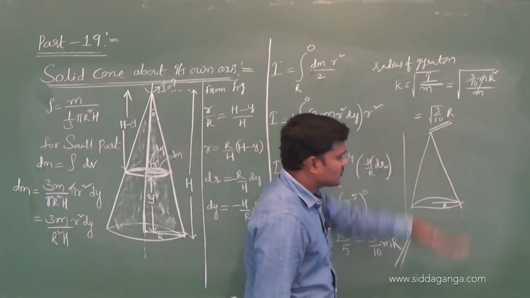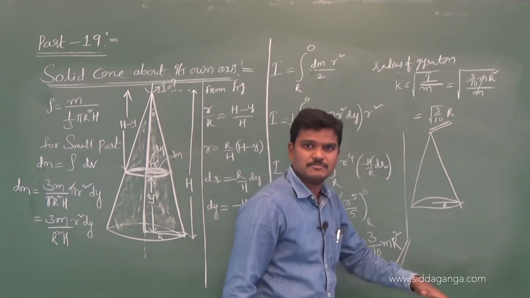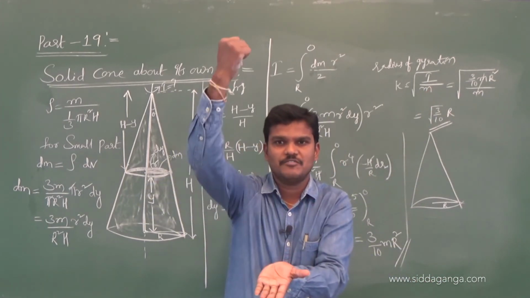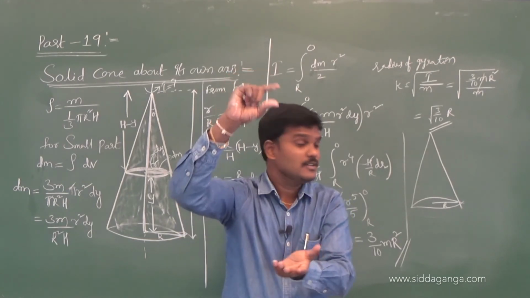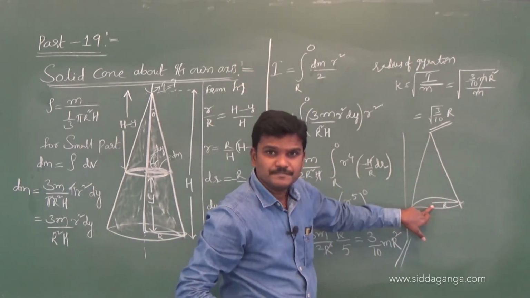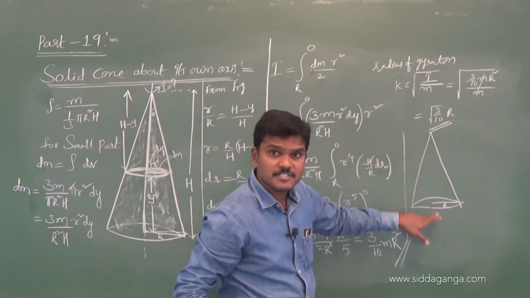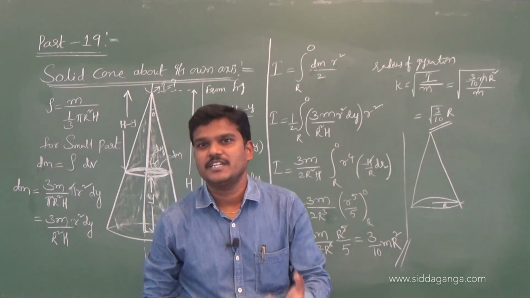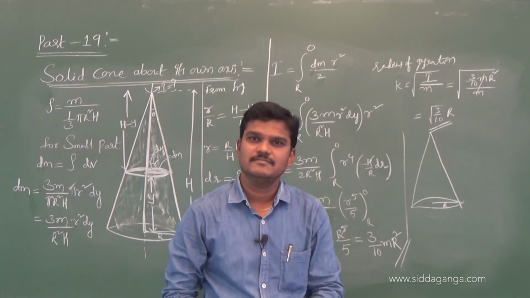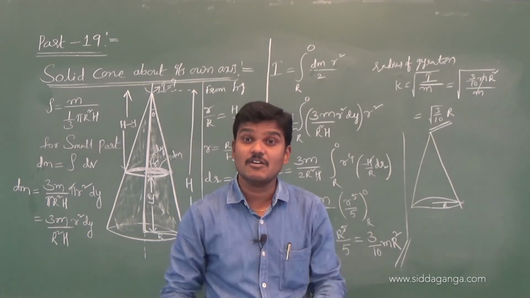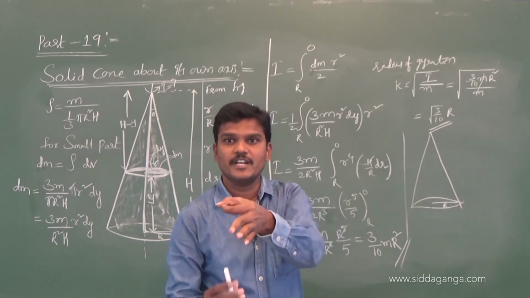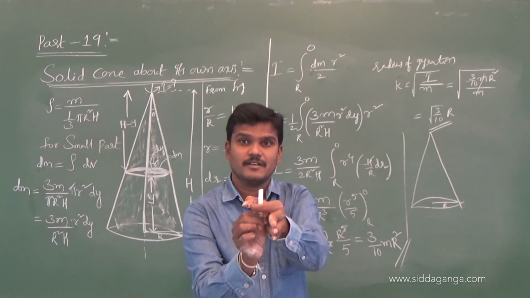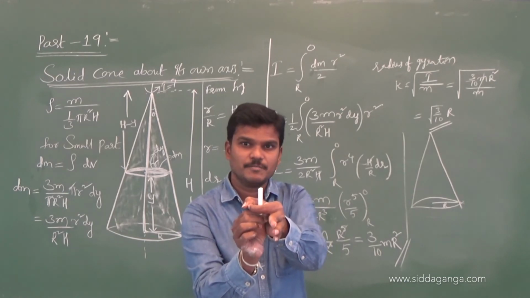Here you apply a force, take a hollow cone in your hand, and press it down; one piece will join here, the next piece will join here. After that, how does it appear? It appears like a circular disc, one circular disc of radius r, and you are finding about an axis passing through the center perpendicular to the plane.